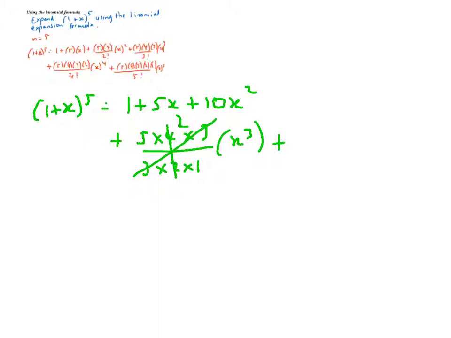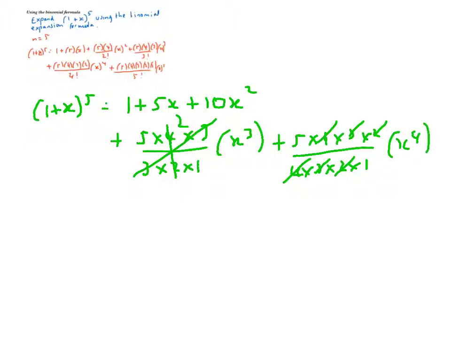The last one down here, again, let's simplify that. 5 times 4 times 3 times 2, all divided by 4 factorial, which is 4 times 3 times 2 times 1. So the 4's will cancel, the 3 will cancel, the 2 will cancel, so I just get 5 divided by 1 times x to the 4.